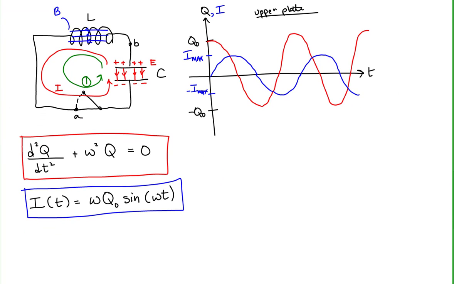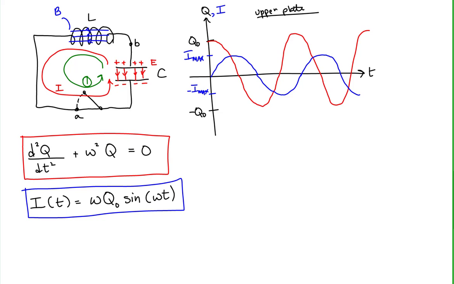From our equations, we know what the angular frequency of oscillations is. Remember when we defined omega squared is equal to 1 over the product of the inductance and the capacitance?